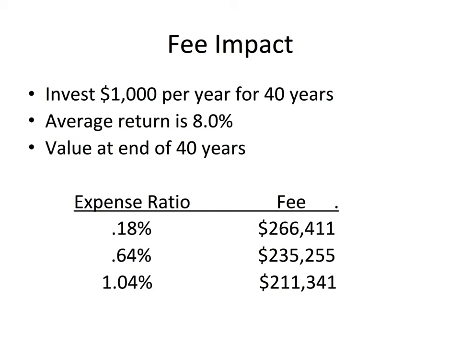If that fund has a 0.18% expense ratio, you would have $266,000 invested in the fund. With 0.64%, $235,000, and a 1% expense ratio, you would have $211,000 invested in that fund. So you can see those expenses do have a large impact on the end result of the fund.